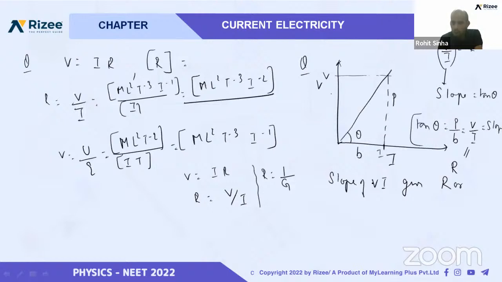So the slope of the VI graph gives R or 1 by G. Similarly, for an IV graph, with I on the vertical axis and V on the horizontal axis, the slope will give G or 1 by R, because R is equal to V by I and G is equal to I by V. Any problem till here?